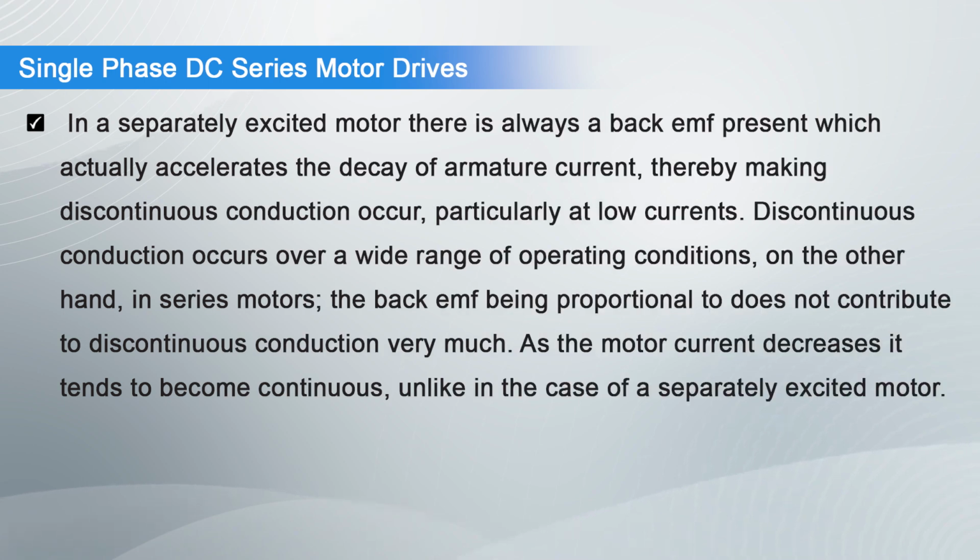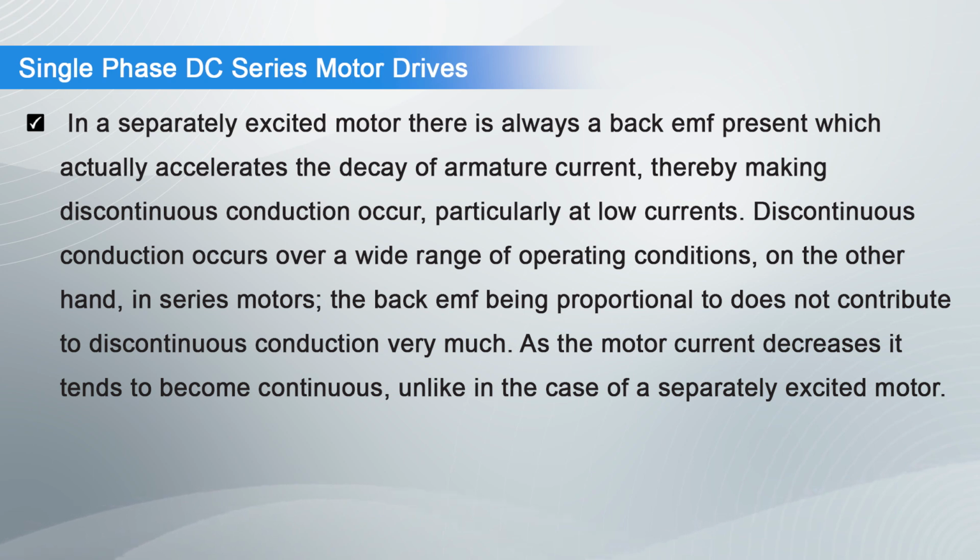In a separately excited motor, there is always a back EMF present which accelerates the decay of armature current, thereby making discontinuous conduction occur, particularly at low currents. Discontinuous conduction occurs over a wide range of operating conditions.